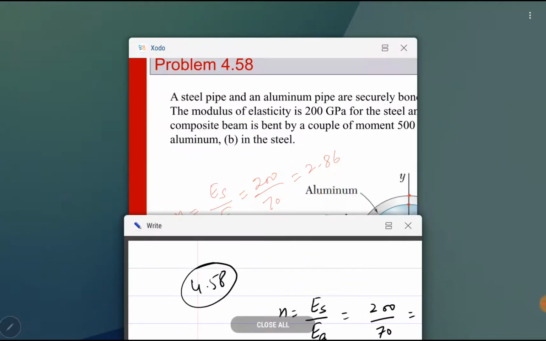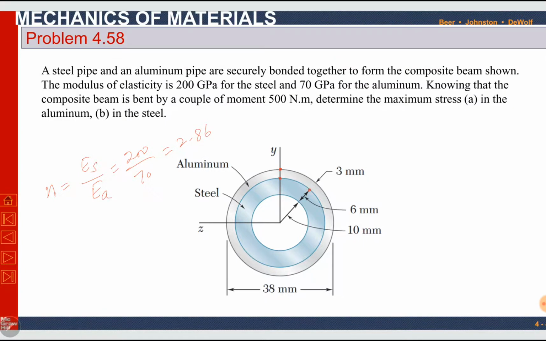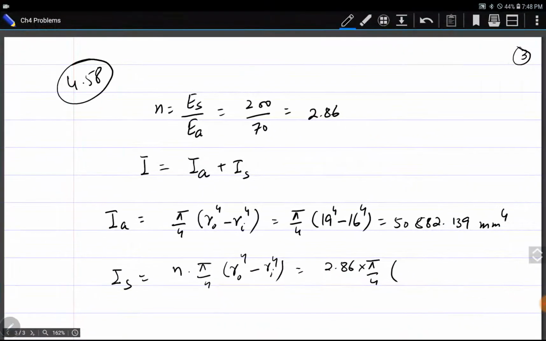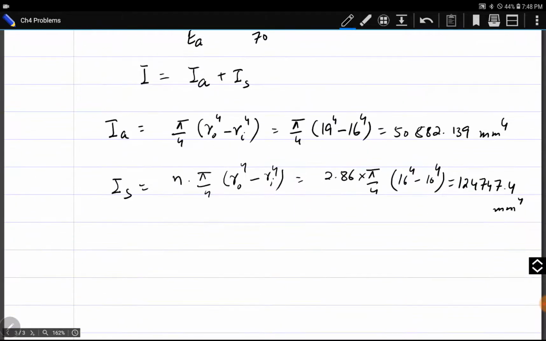Outer radius of steel is 16 and inner radius is 10. 16 power 4 minus 10 power 4, and it will be 124,747.4 millimeter power 4.